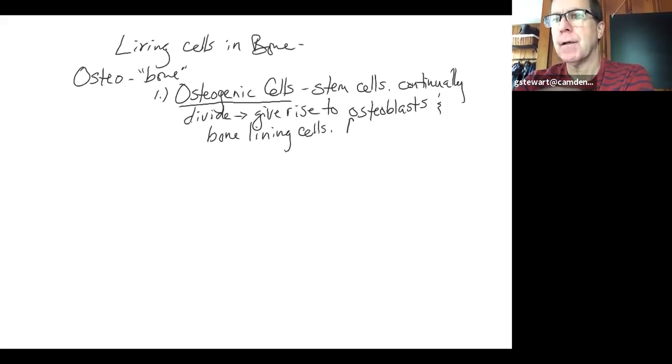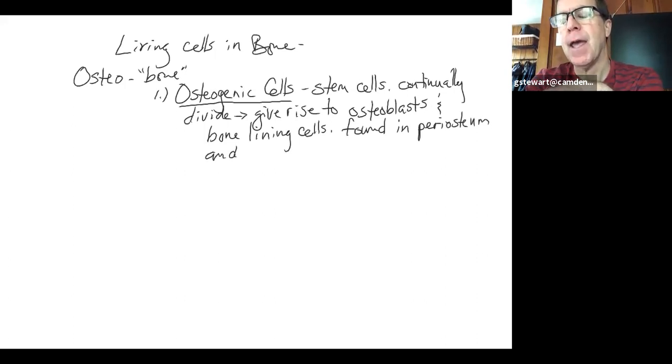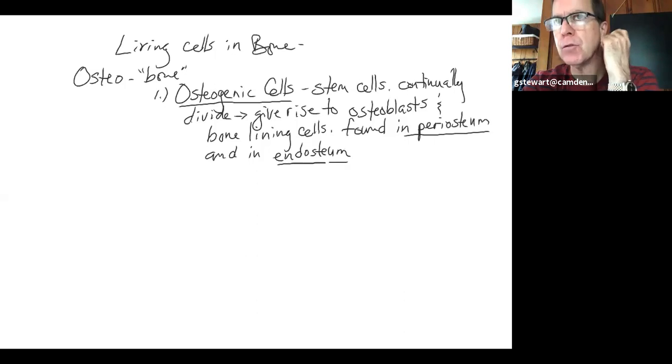These osteogenic cells are found beneath the periosteum. So I'm just going to say found in periosteum, that thick, coarse connective tissue around the outside of a bone, and in the endosteum, that thin lining on the inside of the medullary cavity. So that's where we're making new cells, brand new from scratch, in the periosteum and endosteum, and we lay those new cells down on the inside and the outside of a bone.